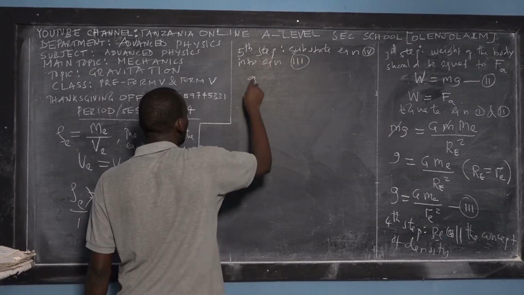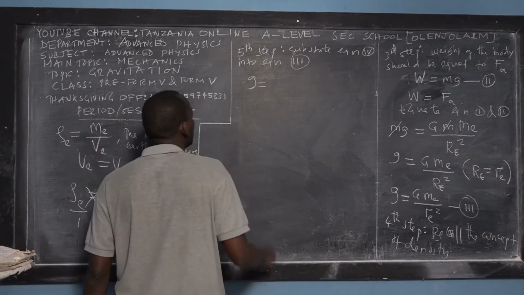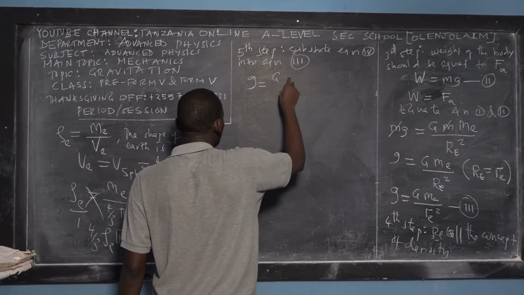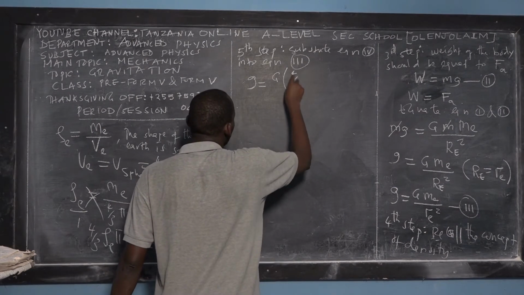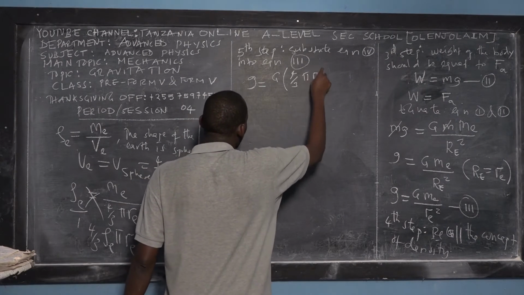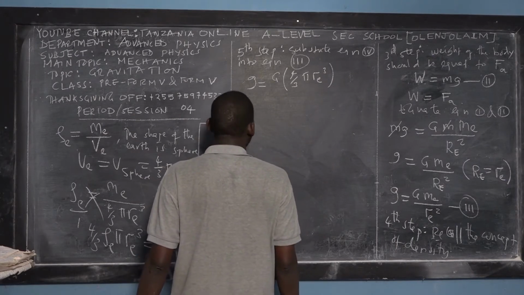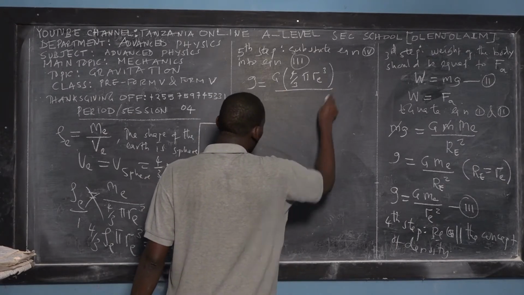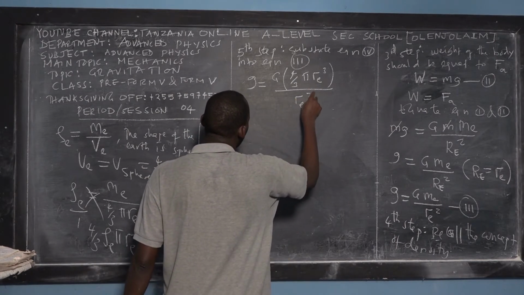So what do you get? You say the acceleration due to gravity G on the S surface is equal to the gravitational constant. Instead of the mass of the S, we substitute this 4 over 3 pi radius of the S cubed, and then divided by what? Divided by the radius of the S squared.